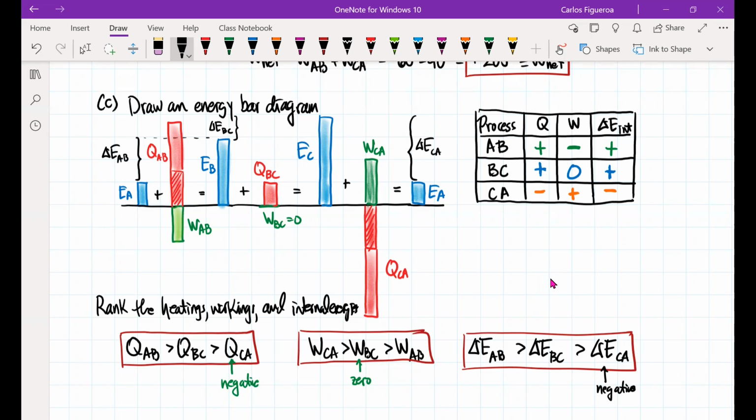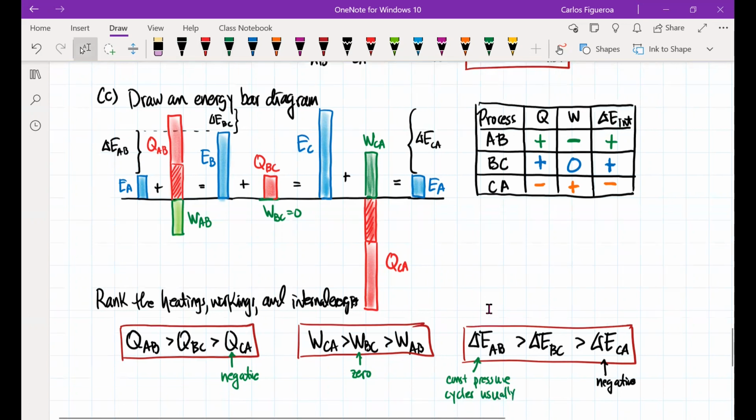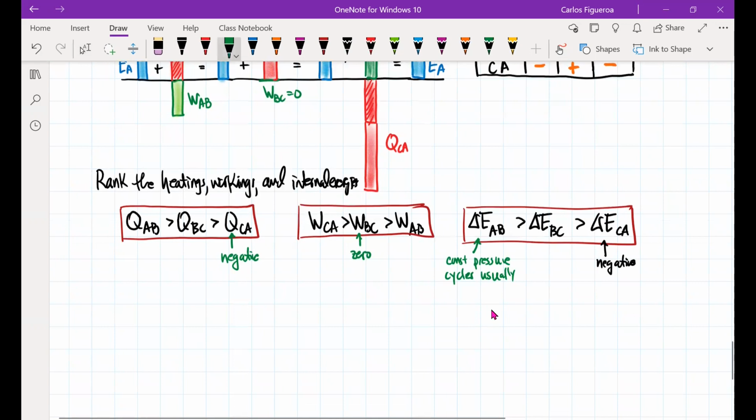What you're going to find here is that, I'm going to just say this in passing here, what you find here is that this is constant pressure. Cycles usually require more temperature change.